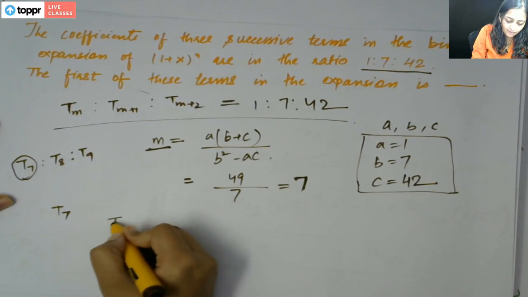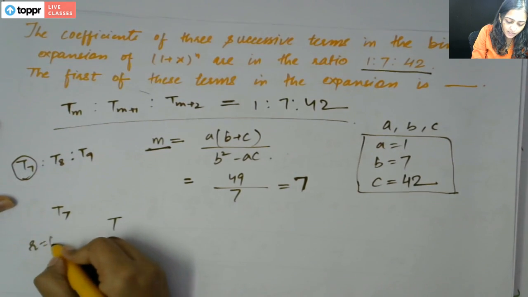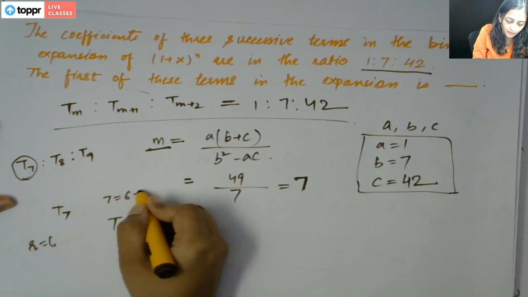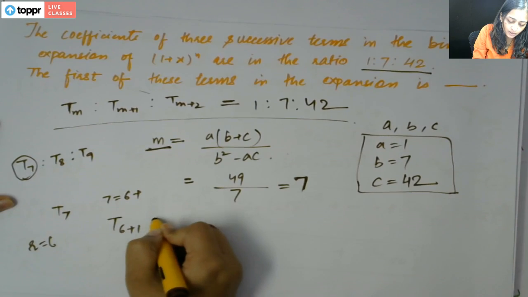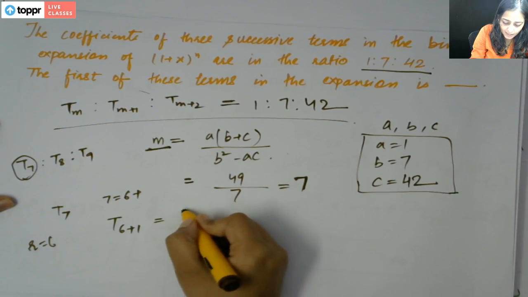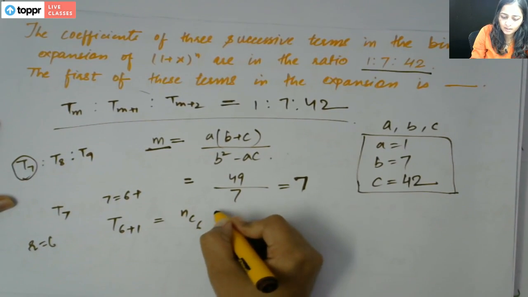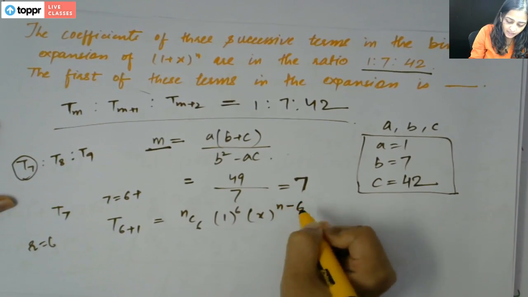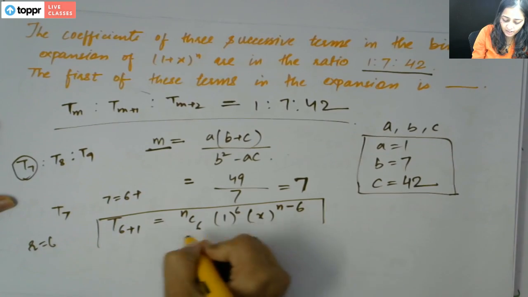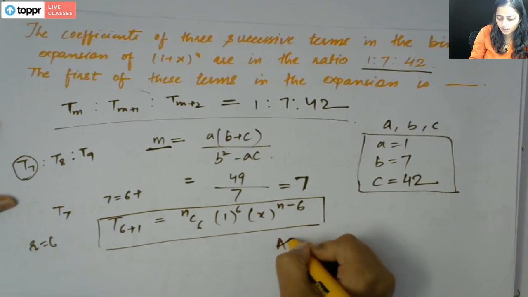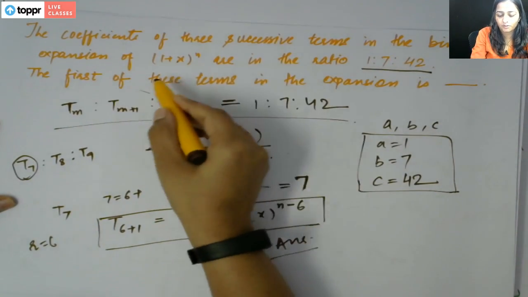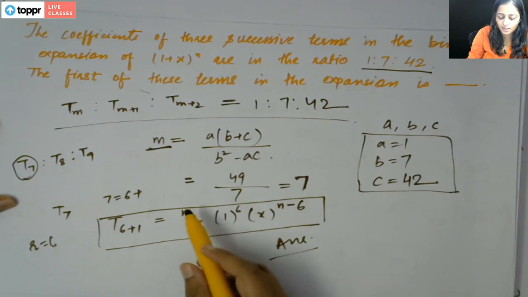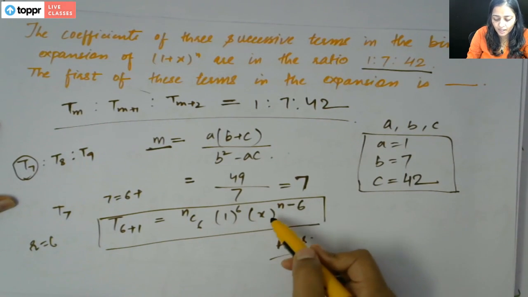To find T7, you will take r equal to 6, because 7 is 6 plus 1. So T(r plus 1) is equal to nCr, so nC6, 1 raised to the power 6, x raised to the power n minus 6. This will be your 7th term. That's the answer: the first of these terms in this expansion is nC6 x raised to the power n minus 6.